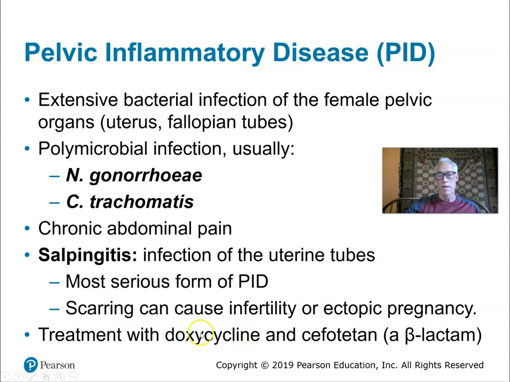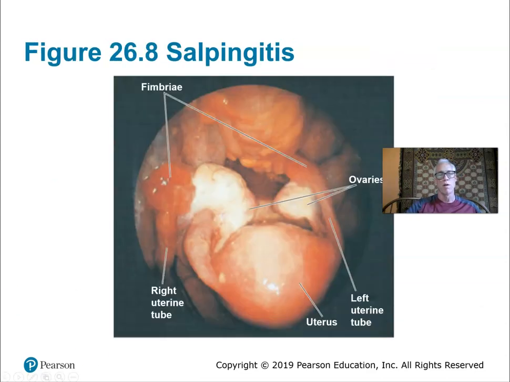Treatment is with doxycycline and cefotetan, a modern beta-lactam that is useful against resistant strains of the microorganism. That just shows inflammation of the fallopian tube and the fimbria on one side, from the advancement of disease in the uterus and then into the fallopian tube.